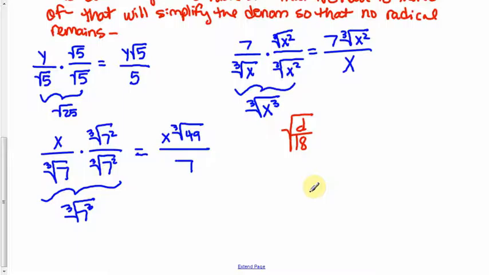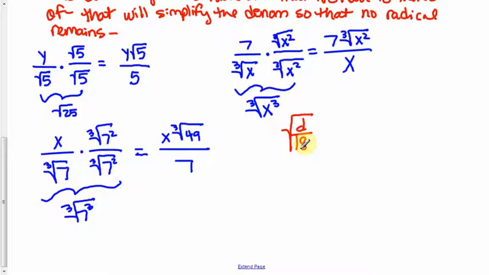You can start by simplifying the square root of 18, or you can just ask yourself, what do I need to multiply 18 by to get a perfect square? And it doesn't have to be itself. 18 is a number that's made up of a lot of factors. If you think about 18, it has a perfect square factor in it of 9, doesn't it?